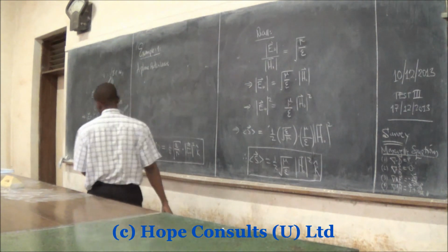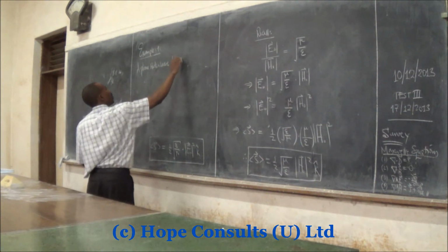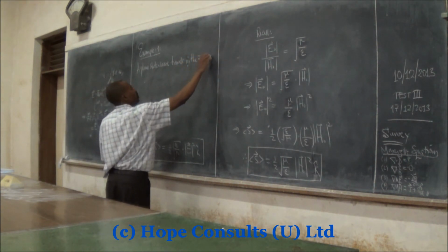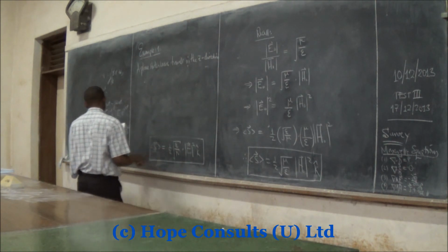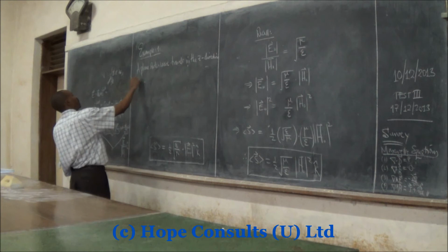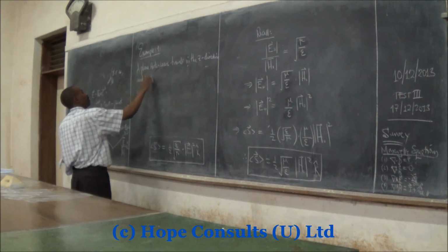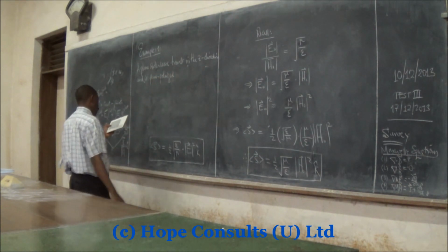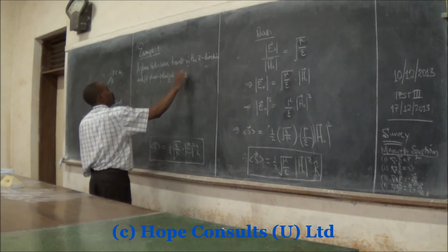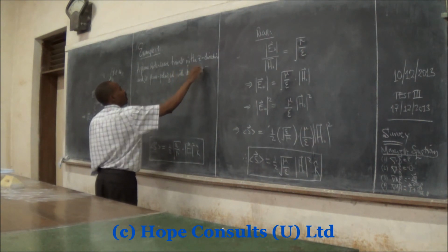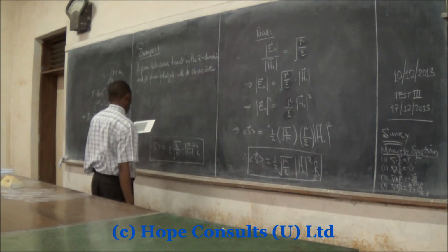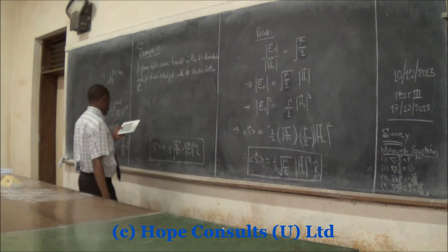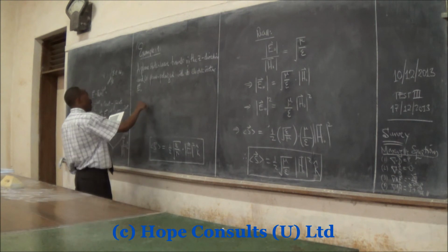So a plane radio wave travels in the Z direction and is plane polarized with its electric vector, E, moving in the X direction.